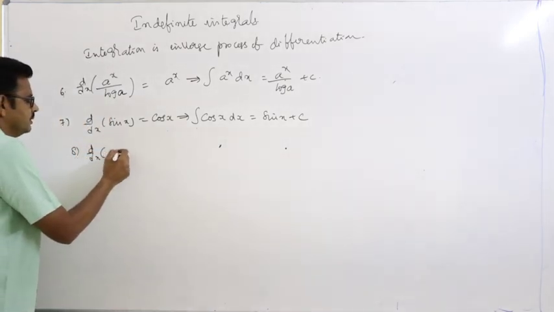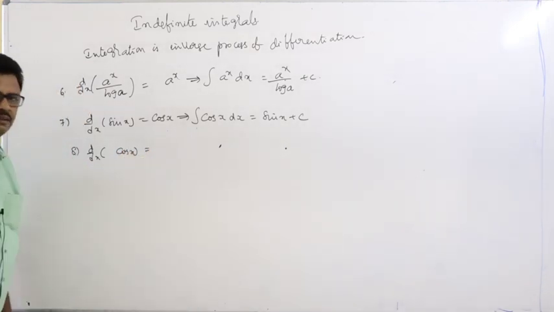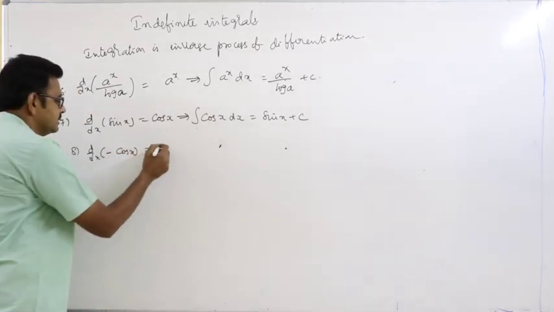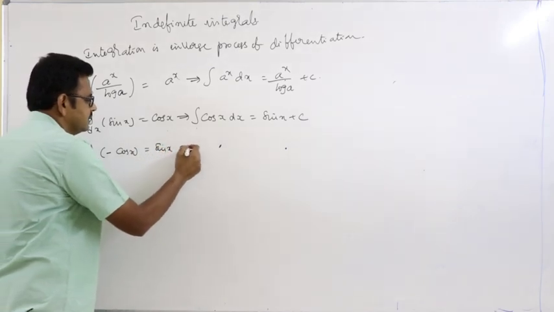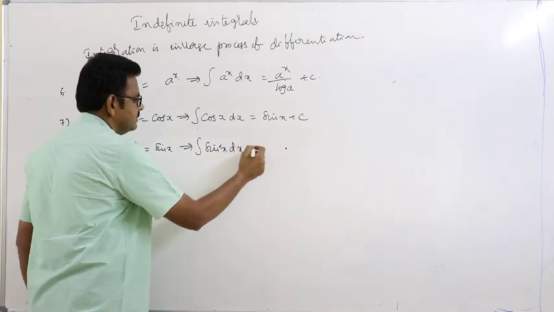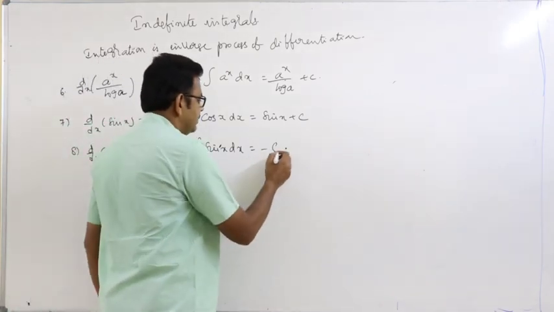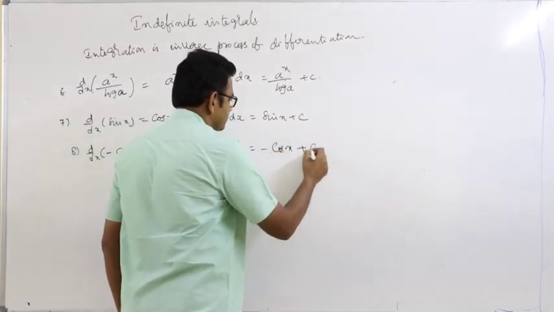Derivative of cos x is equal to minus sin x. Derivative of minus cos x is equal to sin x. This implies the integral of sin x dx is equal to minus of cos x plus c.